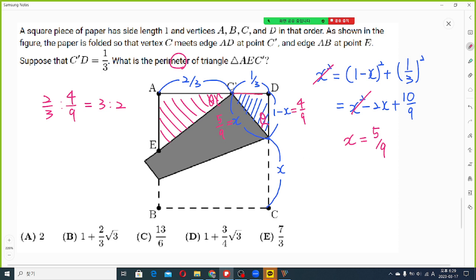Let's first find this perimeter, the smaller one. This one. Oh, the ratio is 2. Give me a second. Okay, yeah.